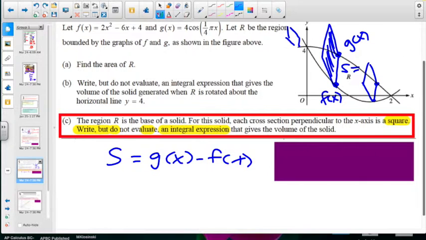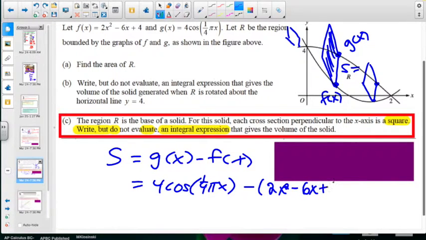Okay, that's that top point minus that bottom point. We're back to top curve minus bottom curve. Okay, so we have 4 cosine 1/4 pi x minus that whole thing. 2x squared minus 6x plus 4.